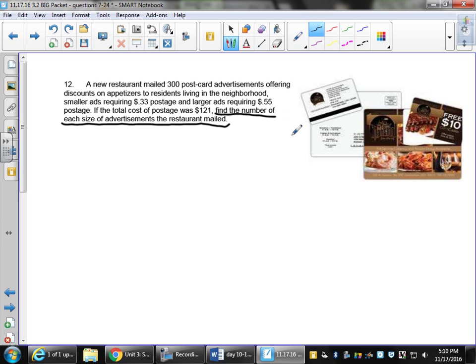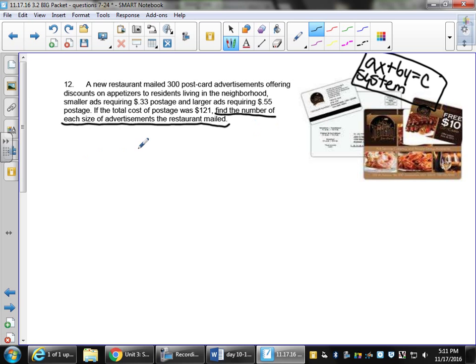Finding the number of each size, right away I know that's a how-many-of-each-item problem. This will be an AX plus BY equals C system. To know how to define the variables, look at the unknown.